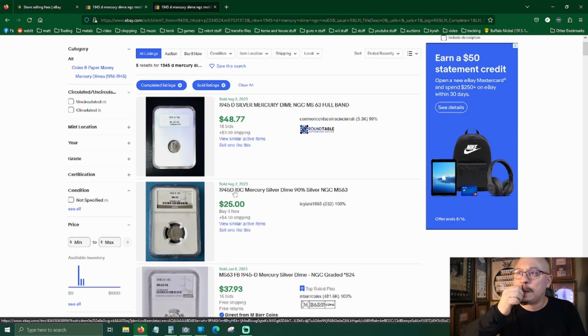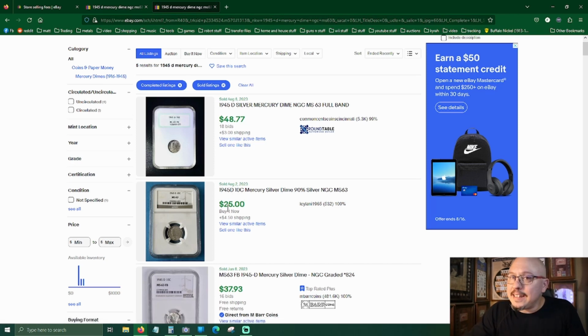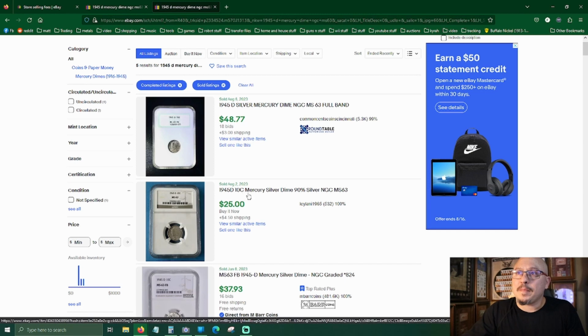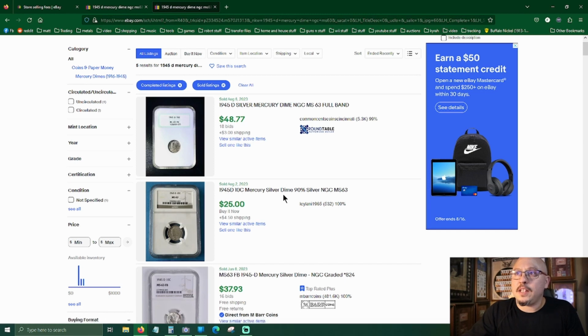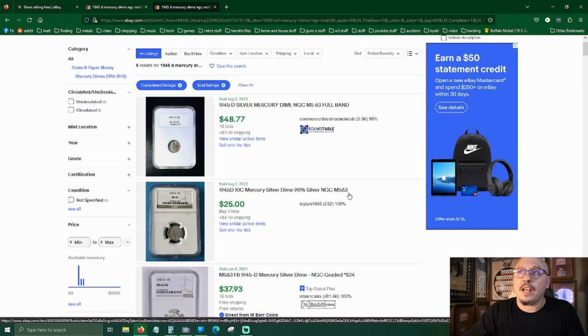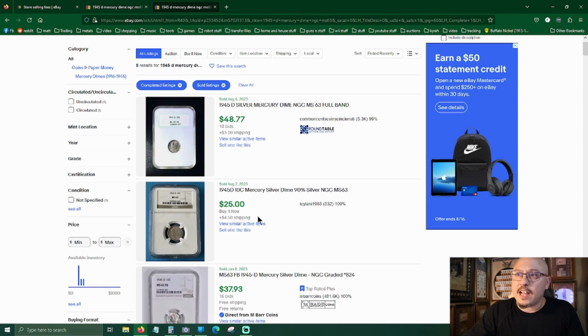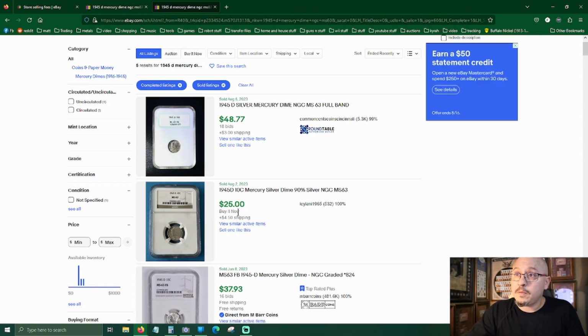But here's one without. In this case, a 1945D Mercury Silver Dime MS63 NGC, our exact listing, was a Buy It Now. That's very important. Was a Buy It Now for $25 with $4.50 shipping.